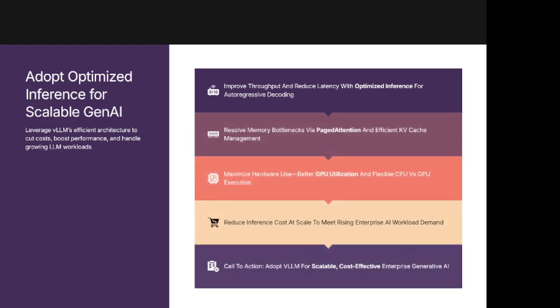So, summing up the overall benefit of using an efficient LLM architecture: it boosts performance, cuts cost, and also handles growing LLM workloads. As time passes, LLMs get trained with a large set of parameters, and hence the native capability of LLMs to do inference sequentially turns out to be a bottleneck.